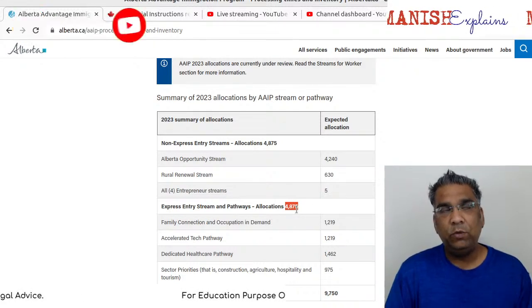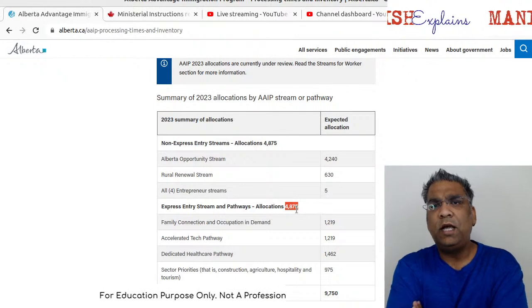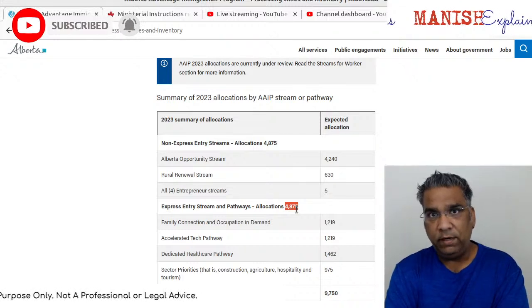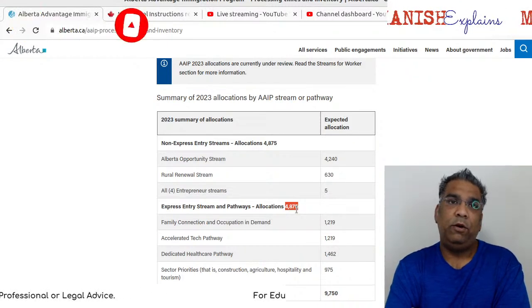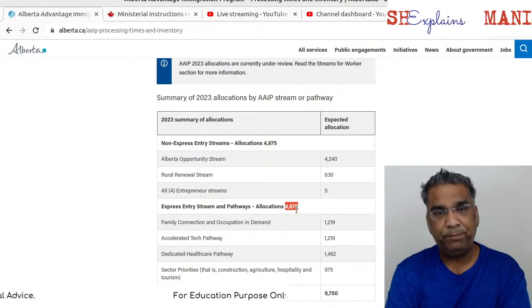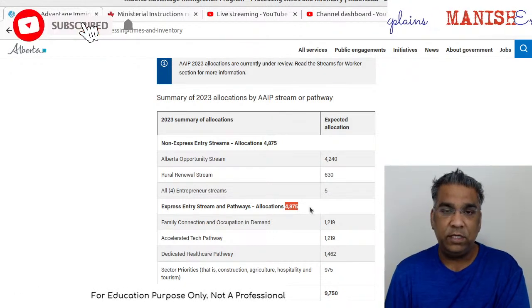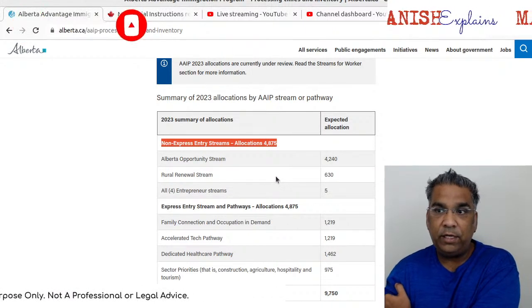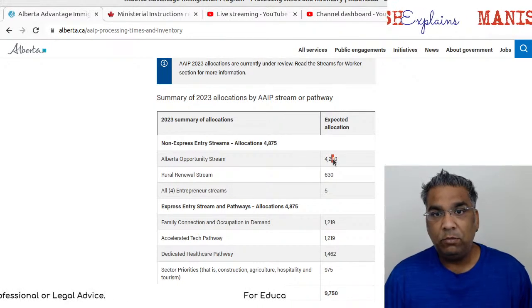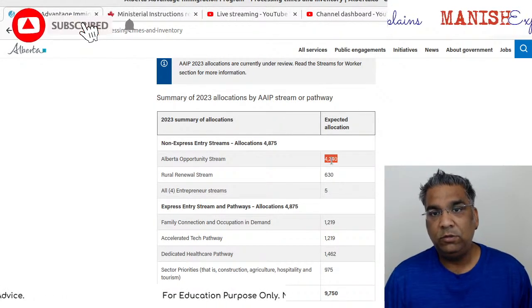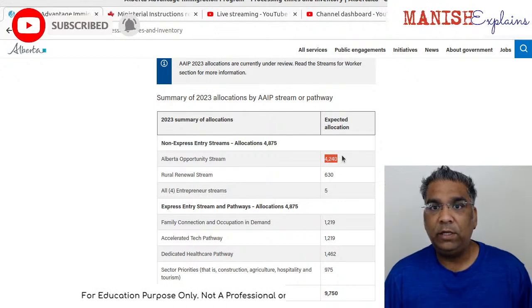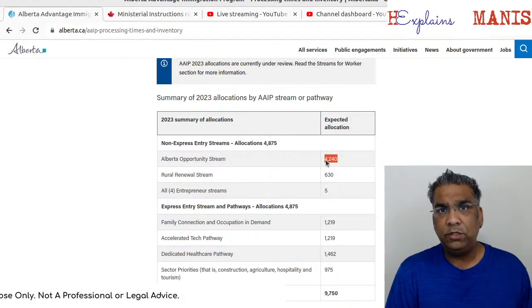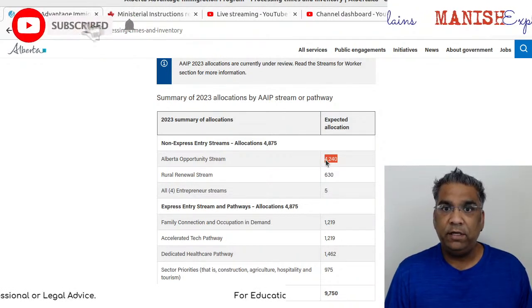In Alberta, you will see that the non-express entry streams are a bit more popular because there are a lot of people who are already living and working in Alberta who might not qualify for an express entry program. Even if you see here, out of the 4875 allocated to the non-express entry streams, almost 4240, almost 80% of it, is allocated just to the Alberta Opportunity Stream. The Alberta Opportunity Stream is for somebody who is already living and working in Alberta.